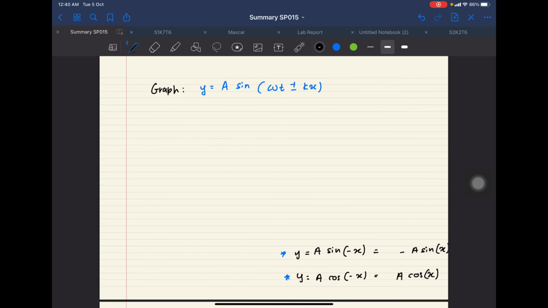If I want to draw, basically I need to have another value. For example, if I want to draw y against t, that means I need to have a value of x. Let's say x is equal to 0. Then you will be left with y equals a sine omega t, which is basically just a sine graph.